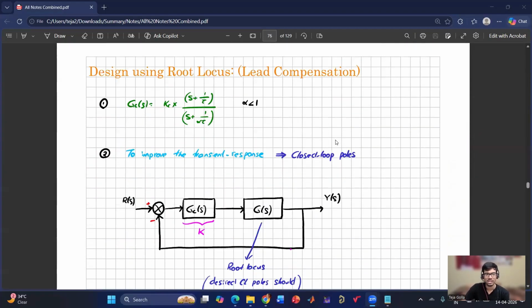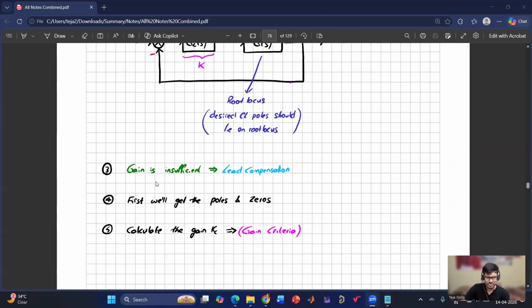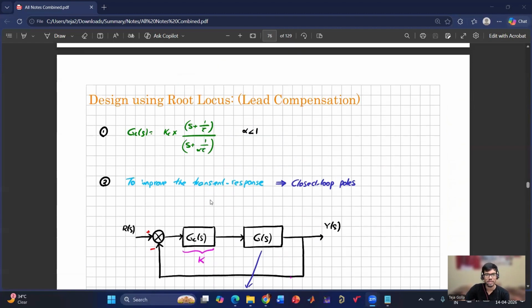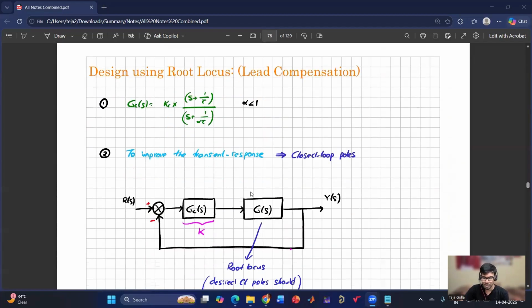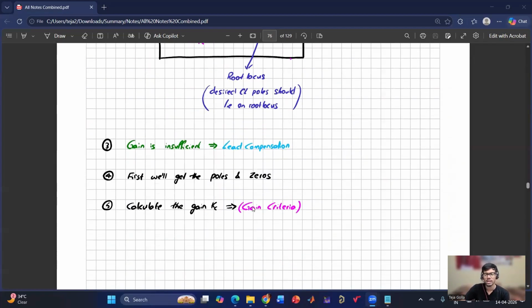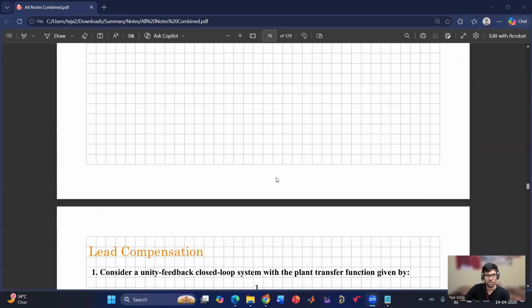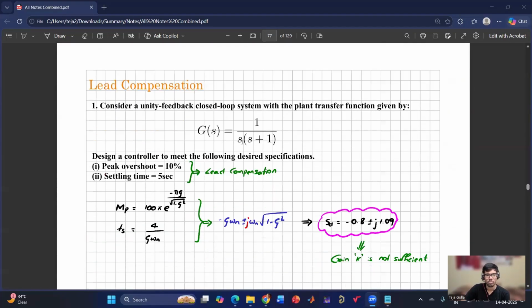Then we started design using root locus for lead compensation. We use lead compensation when the gain is insufficient. We have given step by step guidelines, and we are following the same steps to design the controller. I have given one problem with transient requirements.